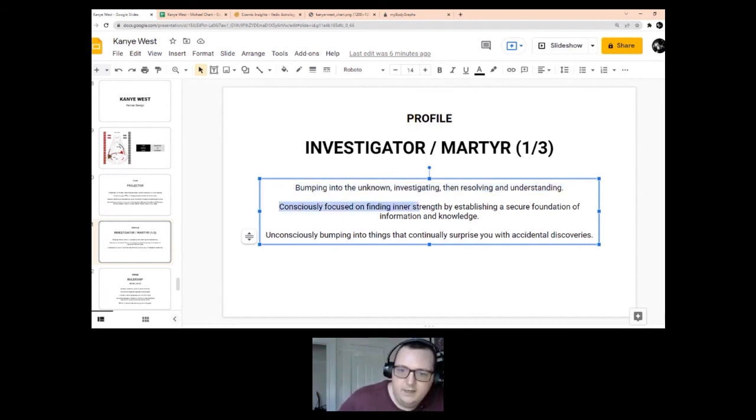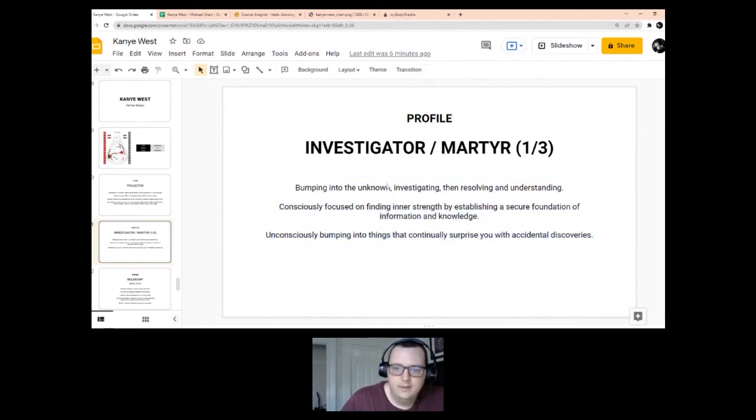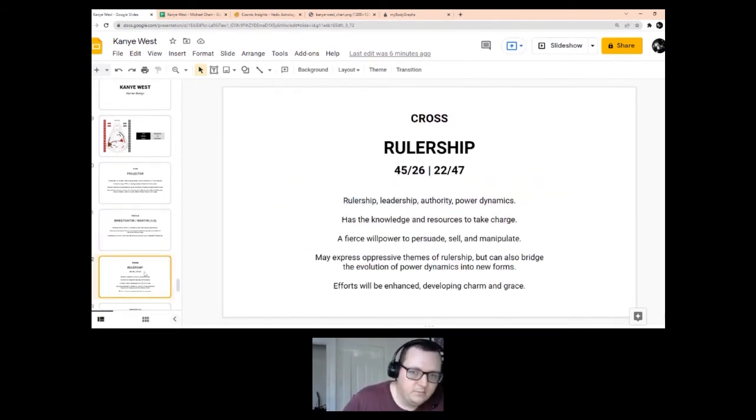Consciously focused on finding inner strength by establishing a secure foundation of information and knowledge. Or is unconsciously bumping into things that continually surprise you with accidental discoveries. So he's just investigating things deeply and trying a lot of stuff, essentially. That's what his profile is.